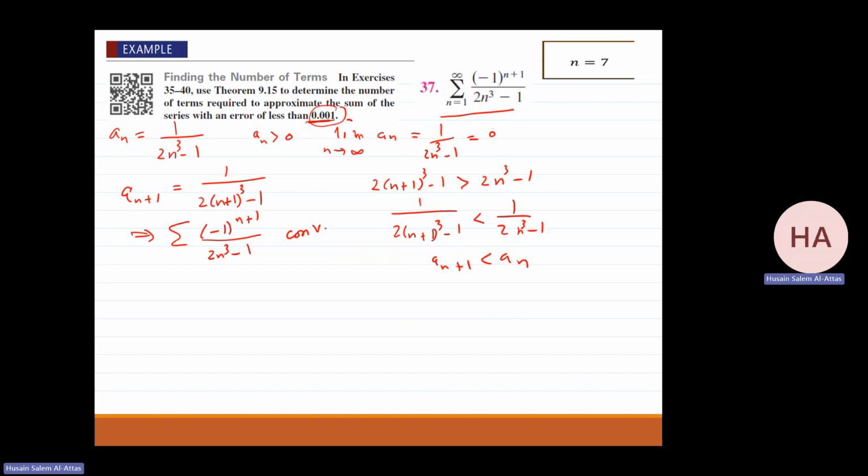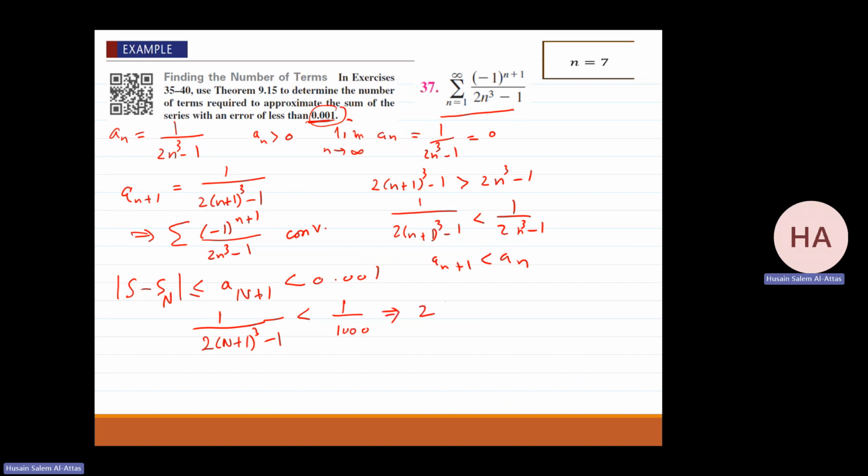Good. Now we want the error to be less than this. We have S minus S_N, which is less than a_(N+1), and I want this to be less than 0.001. So what is a_(N+1)? It will be 1 over 2(N+1) cubed minus 1, and I want it to be less than 1 over 1000.